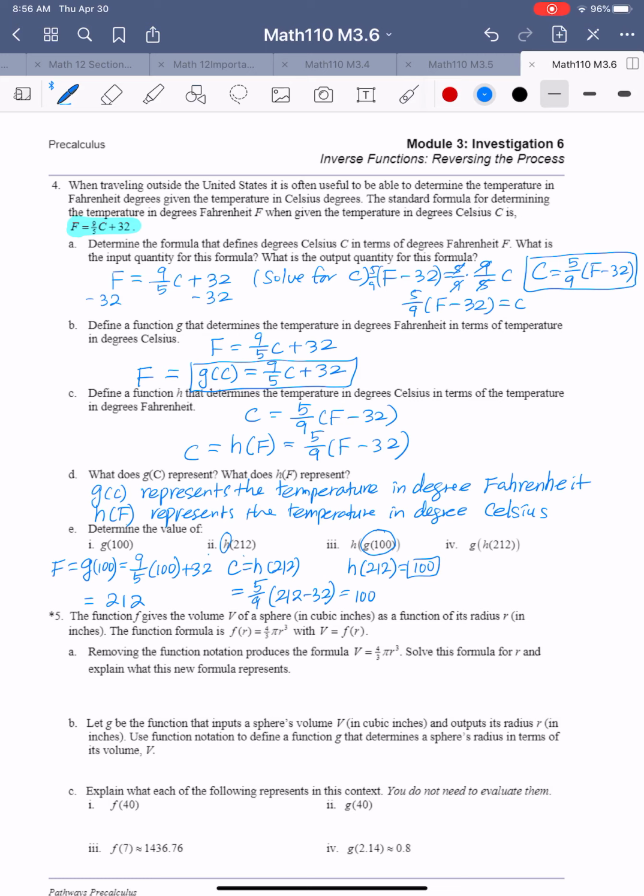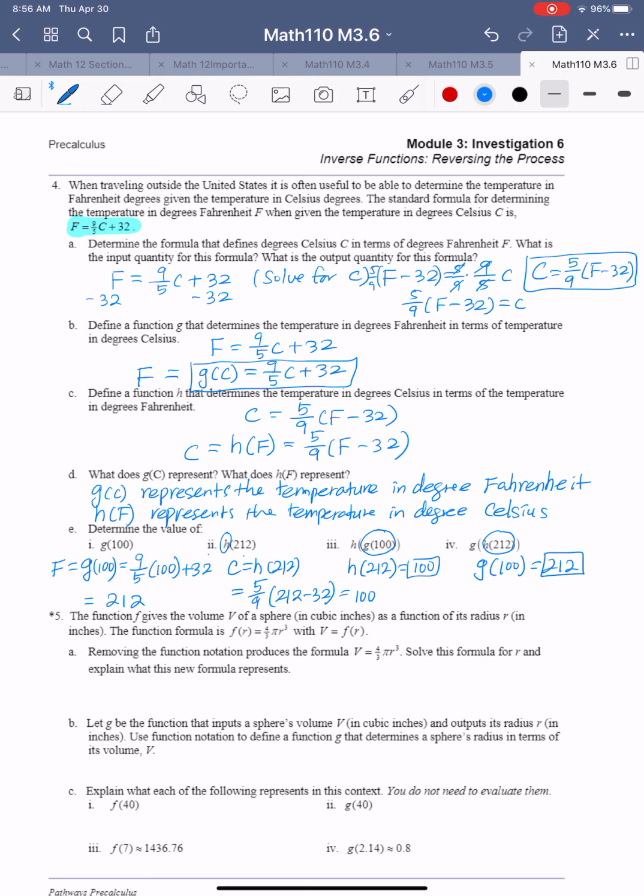And then number 4, we need to find g of h of 212. We already had it. h of 212 is 100, and then g of 100 is 212. So this is what happened. All right, so yep, that's for number 4.